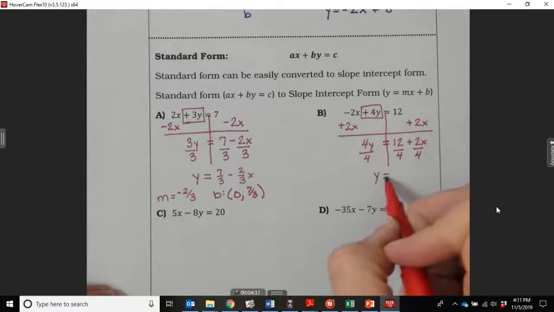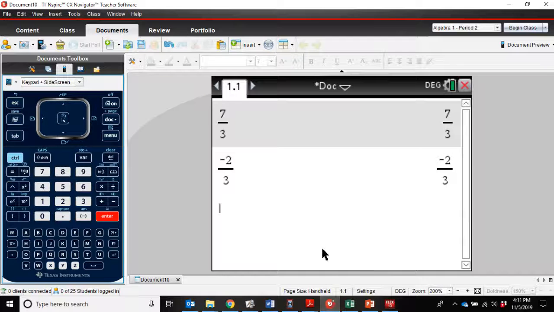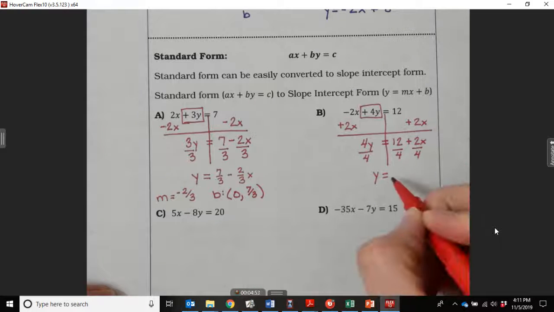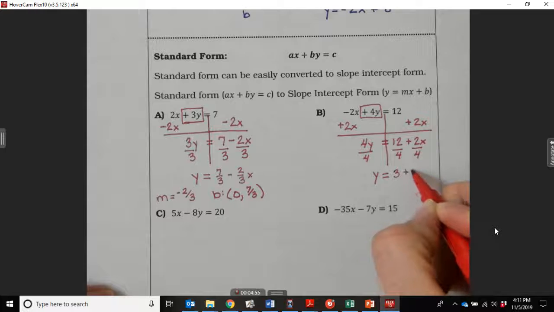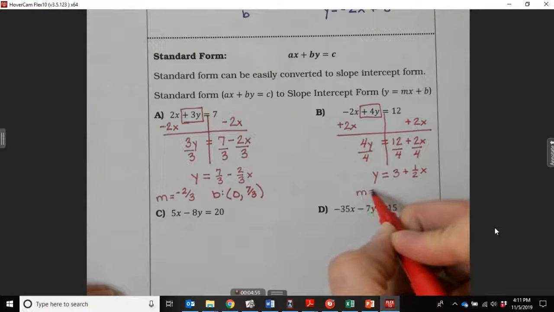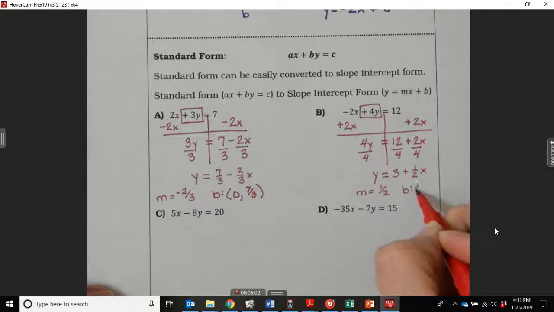So y equals, and again I'm just going to go to my calculator. And I'm going to type in 12 divided by 4, and I'll get 3, and then I'm going to type in 2 divided by 4, and I get 1/2. So this is where I'm getting these numbers. So my answer here is 3 plus 1/2 x. My slope is what's in front of x, so that's 1/2, and my y-intercept is (0, 3).